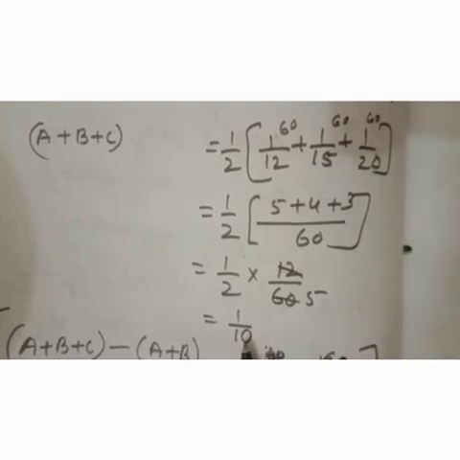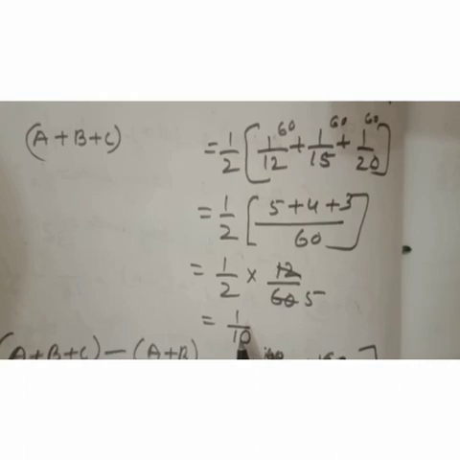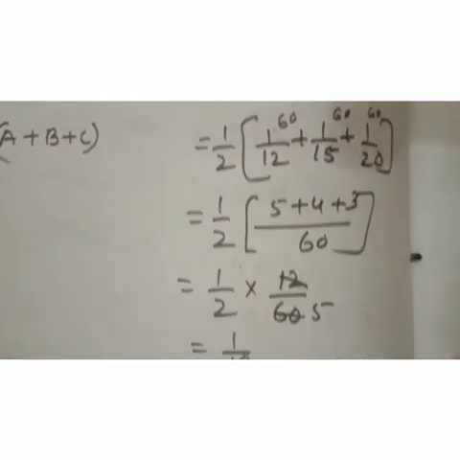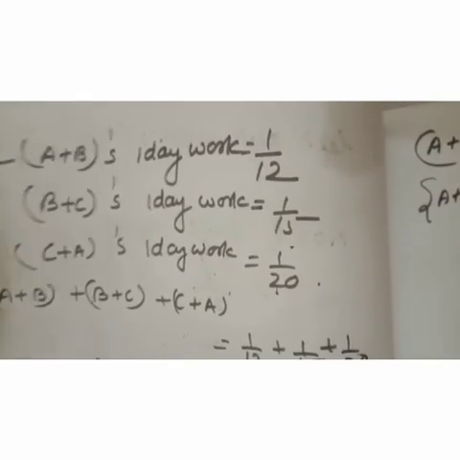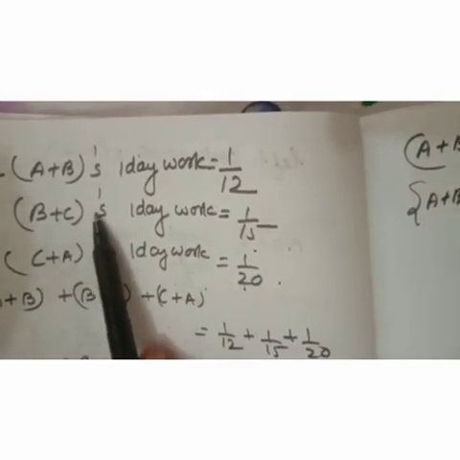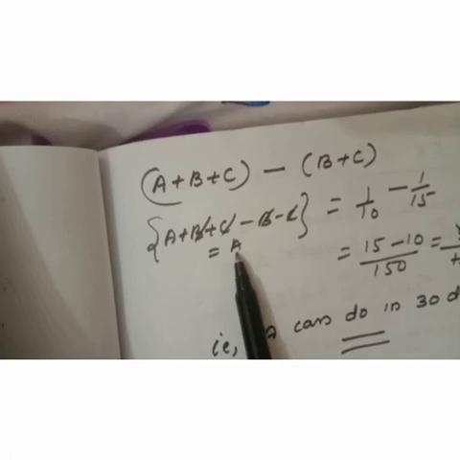What is the question? Question number 10: they are asking, A alone can do it in how many days? So for A alone, what do you have to do? In your hand, A plus B plus C is there, and B plus C is also there. From A plus B plus C you can subtract B plus C. You will get A, or not?